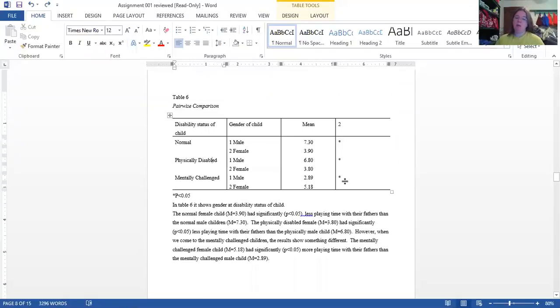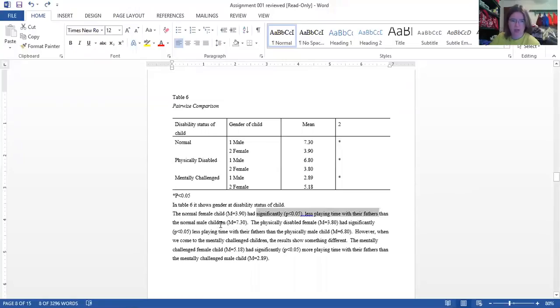But when we write about it, we want to make sure that we're doing it clearly. So let's look at what you have written. The normal female child has significantly less playing time with their fathers than the normal male child. The physically disabled female had significantly less playing time with their fathers than the physically disabled. I think we want to put disabled in here: physically disabled male child.